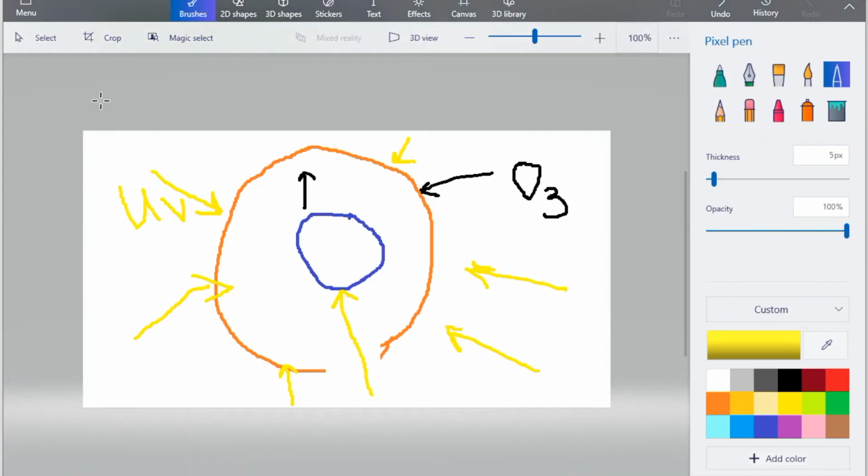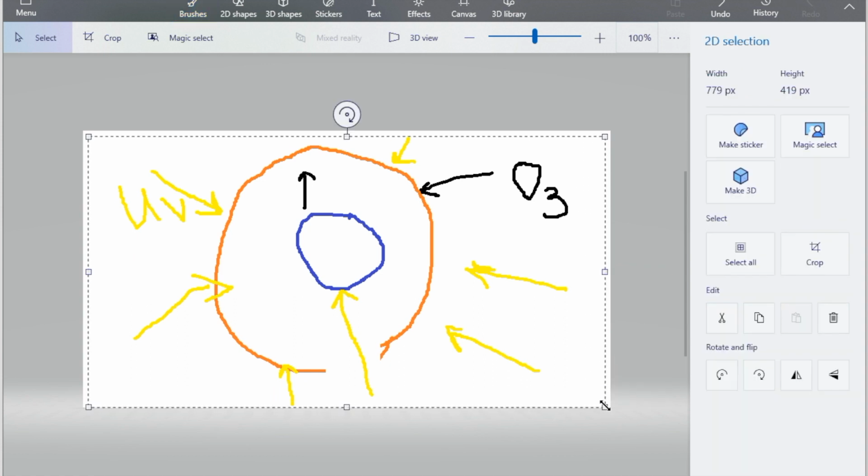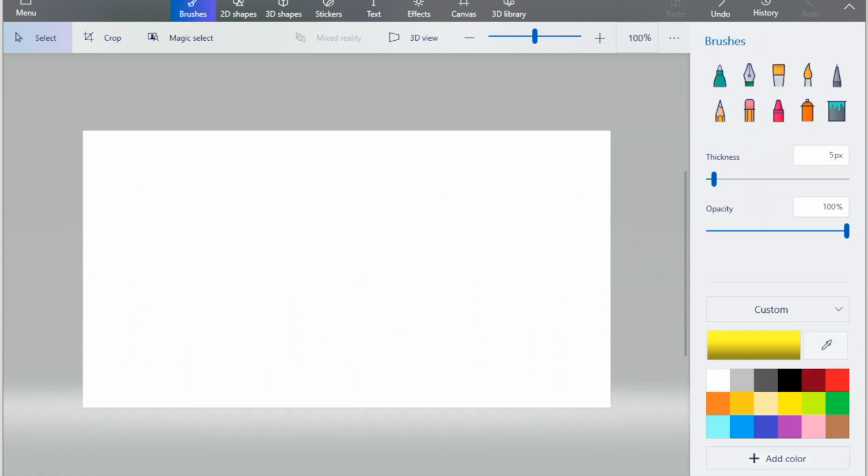Let's try to draw this to reflect on that little understanding. So if somebody stands here like this, let's assume this is you.